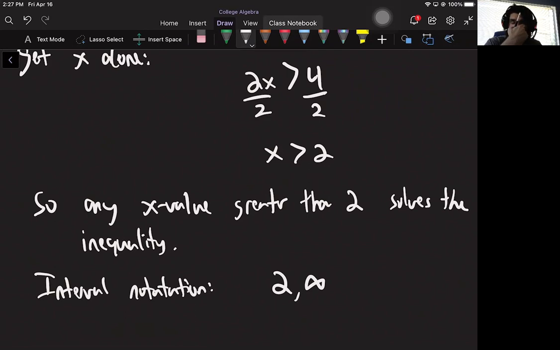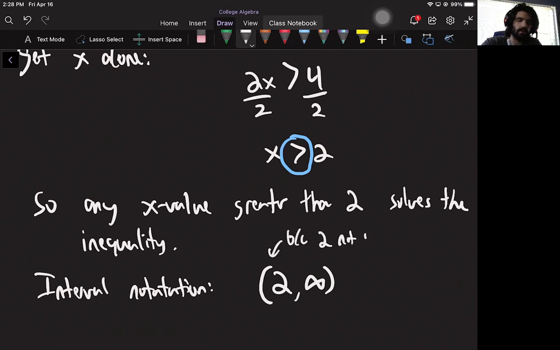So that's the start of it. And then I put parentheses around the infinity because I can never actually include infinity. So I would never use a square bracket there because it's not actually a number. And on the left side, I got to decide based on this symbol, do I include 2 or not? I don't, because it's not a greater than or equal to, it's just greater than. So it's just a parentheses. 2 is not included.